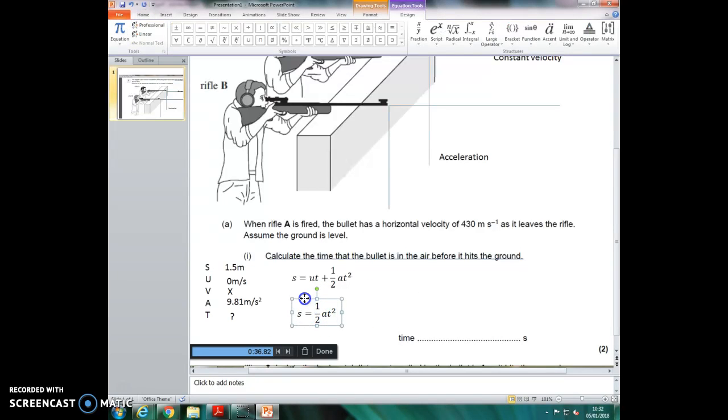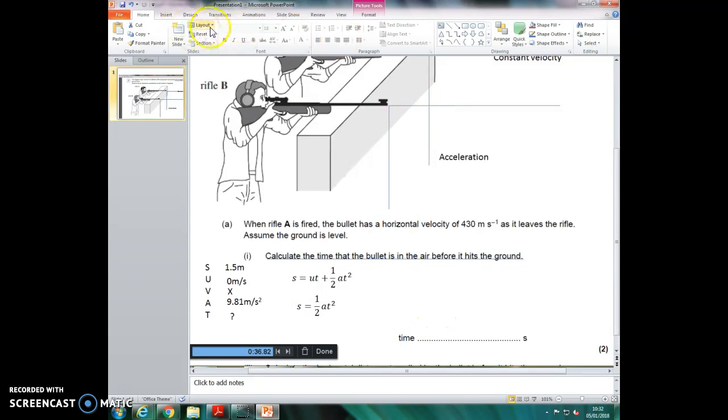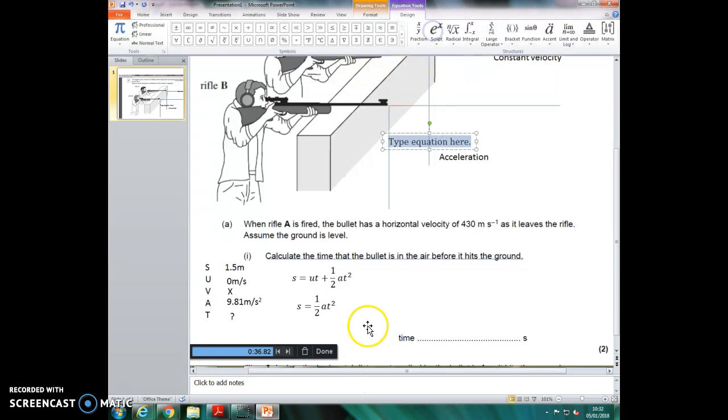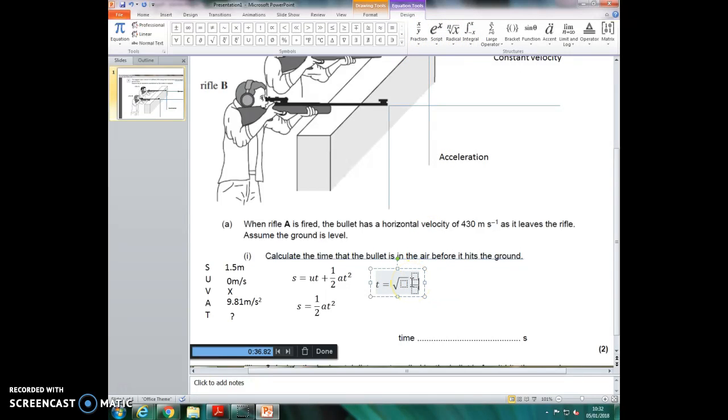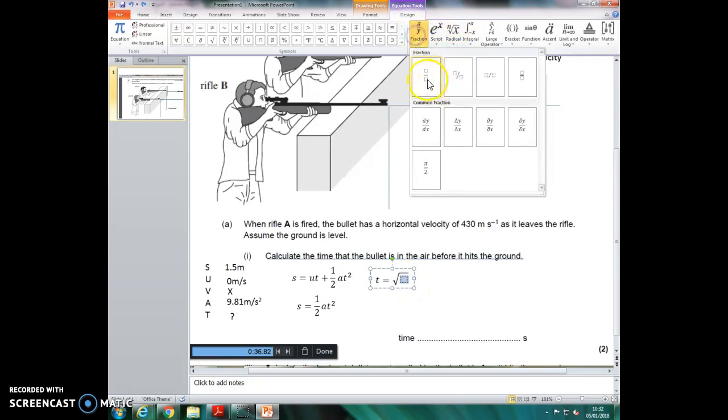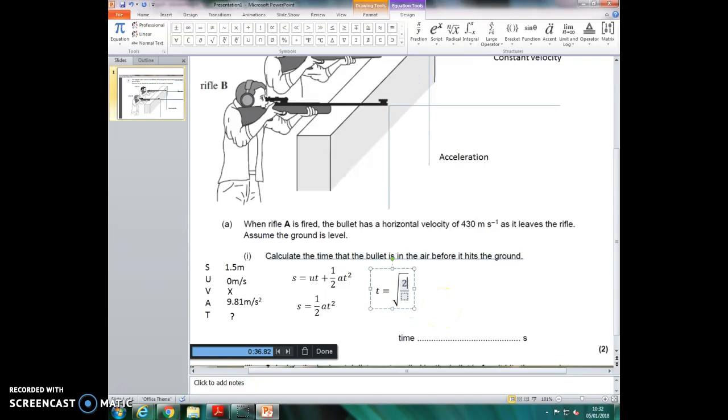But we wanted to find out what t is, so rearranging that for t, we find that t is equal to the square root of 2s divided by a.